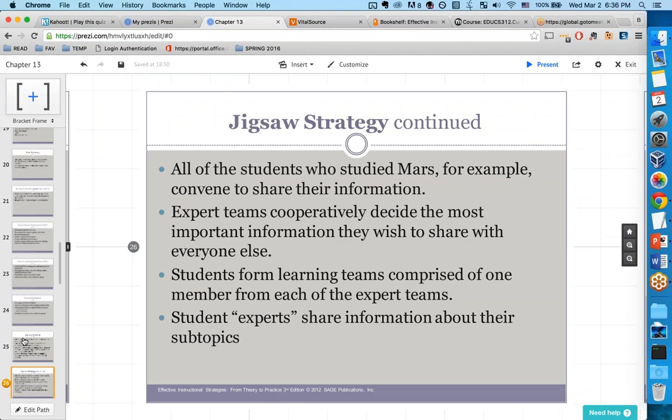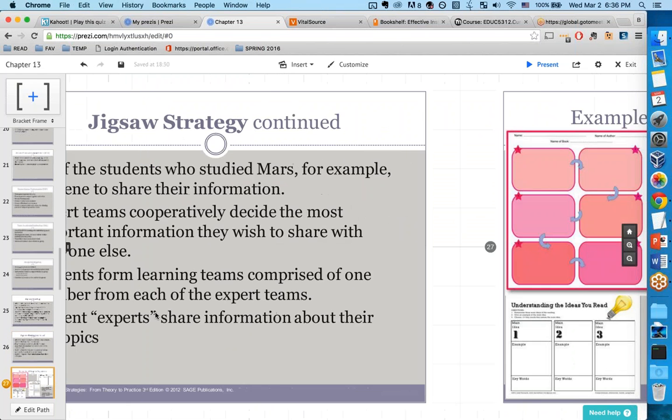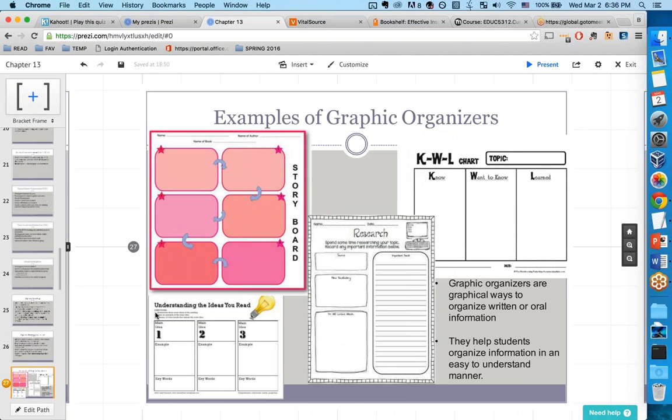All right, so let's move on to graphic organizers. So we use graphic organizers to graphically organize written and oral information. The purpose for this is to help students to understand or organize information in a more understandable or easy manner.